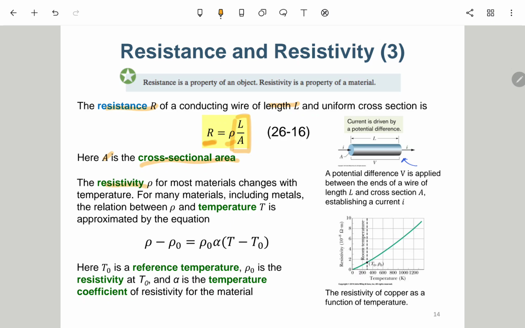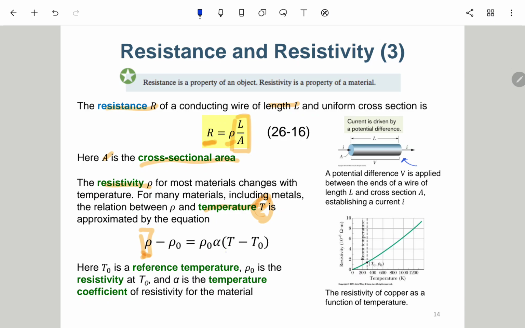The resistivity is related to the temperature. Here T is the absolute temperature, not the temperature in degrees Celsius. It's the absolute temperature in Kelvin. So here it tries to model this resistivity as a linear function.